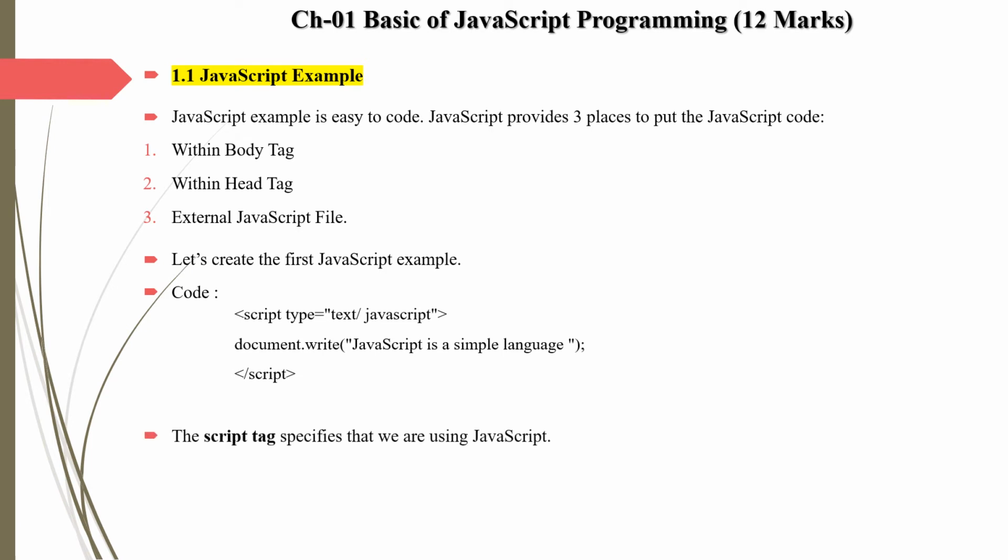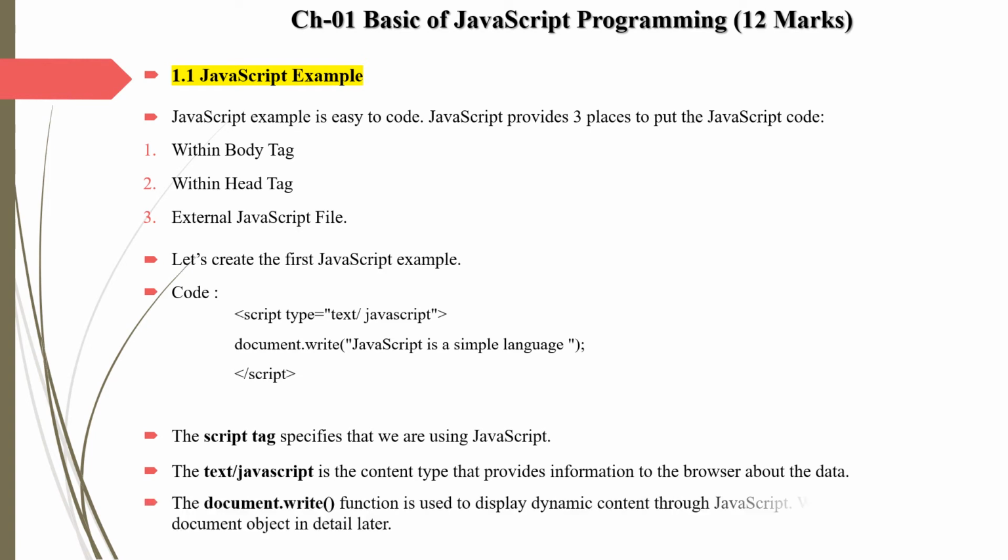In the above example, the script tag specifies that we are using JavaScript. Next, text/javascript is the content type that provides information to the browser about the data. And last, document.write is a function used to display dynamic content through JavaScript.